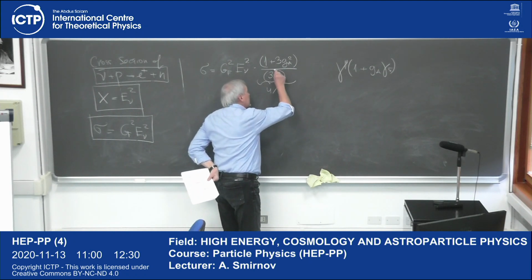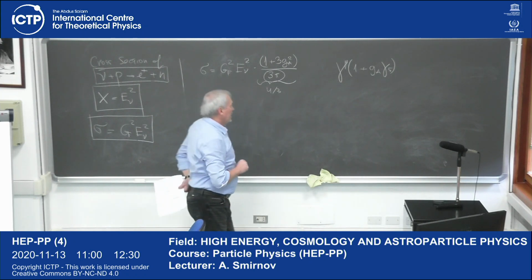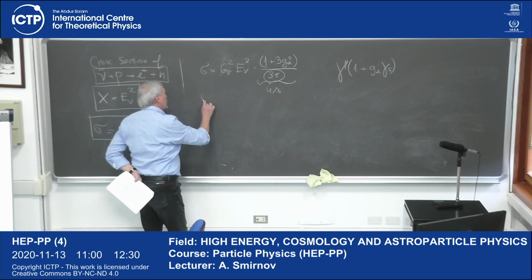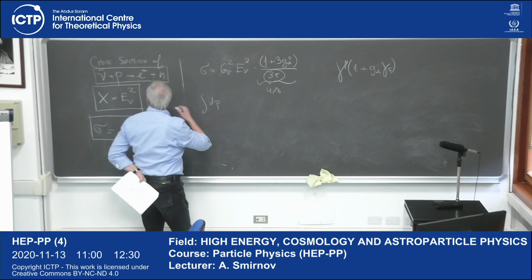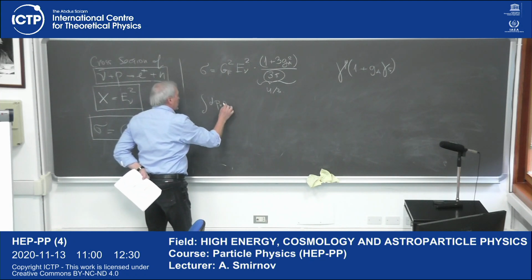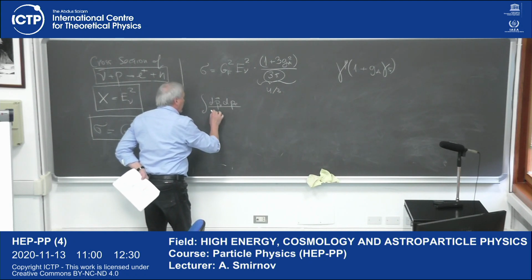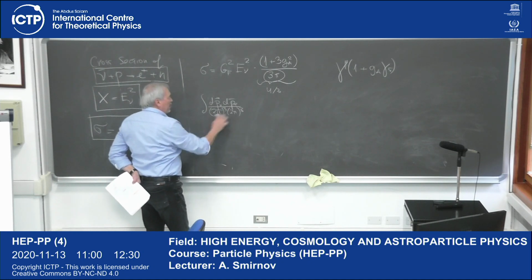This factor comes from integration of the phase space. Again, when you compute cross-sections or probabilities, eventually you need to integrate over momenta in the final state. And here we have the momentum of the neutron, the momentum of the positron, and then you have 2 pi cubed, 2 pi cubed, and some pi here.